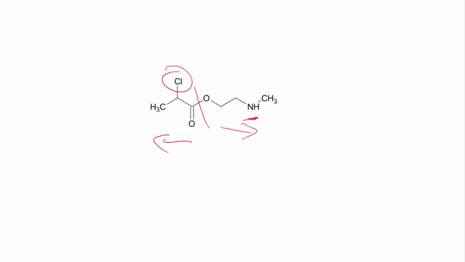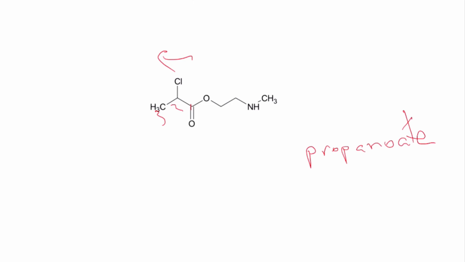So we'll try to start naming this compound. So starting with the acid side, 1, 2, 3 carbons. So this is a propanoate. In the 2 position is a chloro, like that.